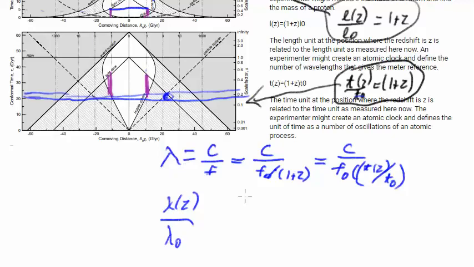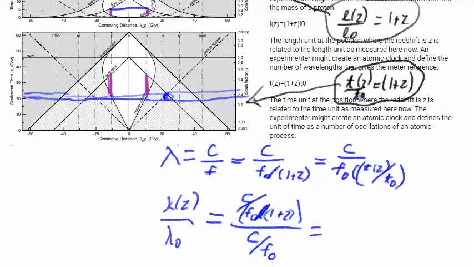This is lambda of z, c over f sub naught over 1 plus z, divided by c over f sub naught, which is going to be 1 plus z.